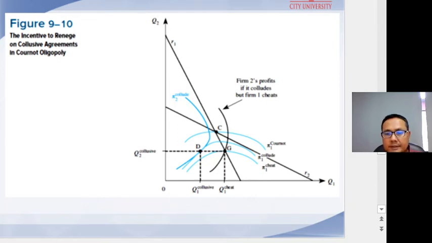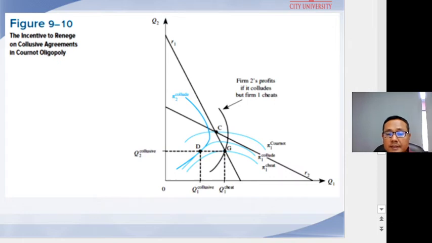So given that the other firm produces Q2 collusive, firm 1 has an incentive to cheat on the collusive agreement by expanding output to point G. At this point, firm 1 earns even higher profit than it would by colluding, since pi 1 cheat is bigger than pi 1 collude.